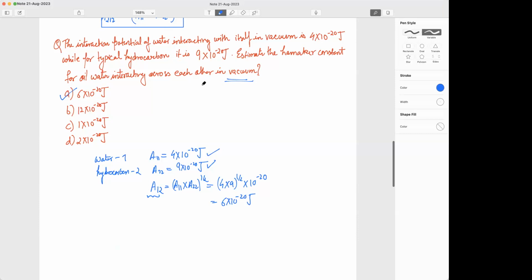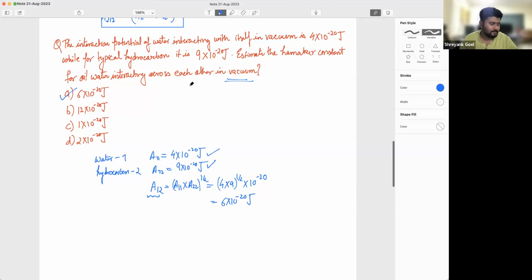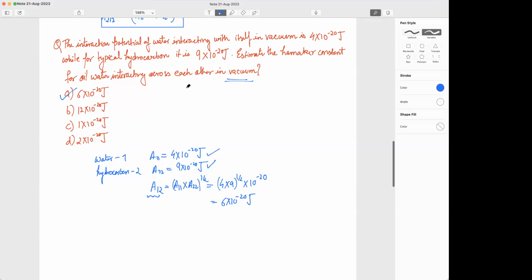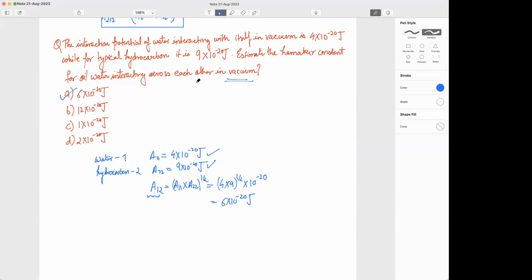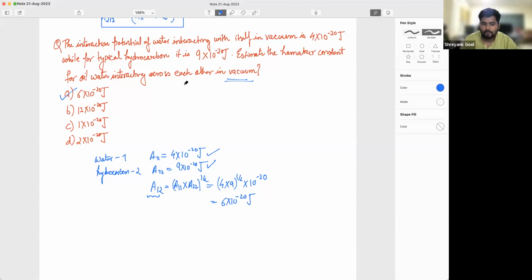Sir, if there is any medium, then the A212 formula is applicable. Yeah, if there is any medium instead of vacuum, then the A212 formula is applicable. Now, if I want to find the interaction of hydrocarbon molecule with hydrocarbon in the presence of water, then I have to find A212.